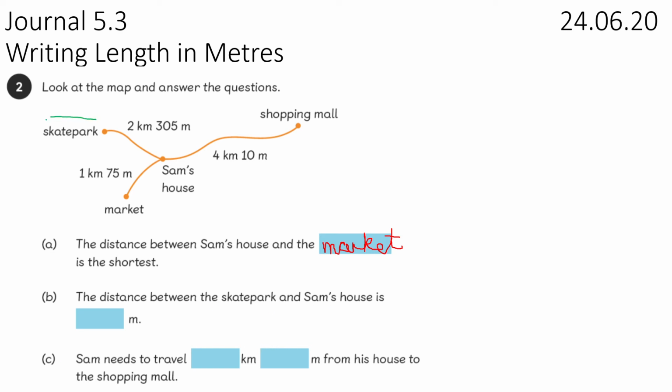Here's the skate park, and we're travelling along this road to Sam's house, and that distance is this. Now, we need to be careful. We could just write that in there, but that would be wrong, because the question is asking for just metres. The map has given us kilometres and metres, so we have to convert this, and I'll write it out.